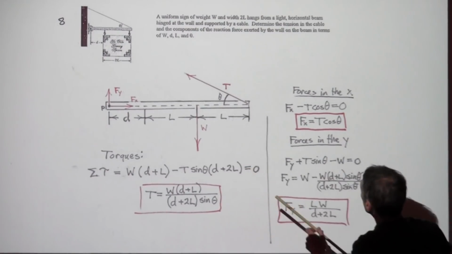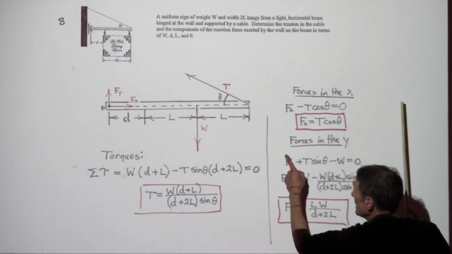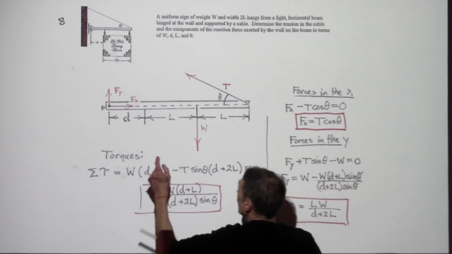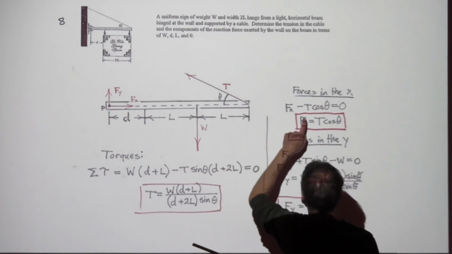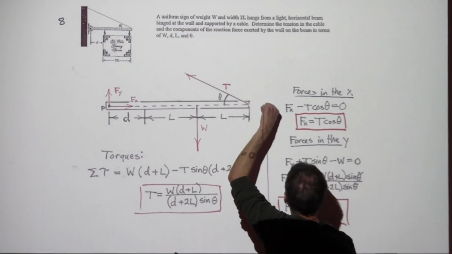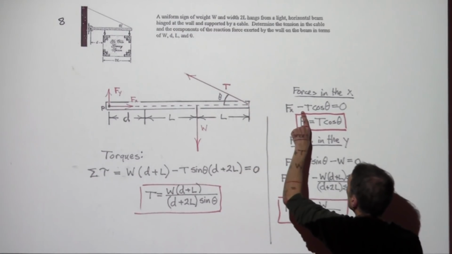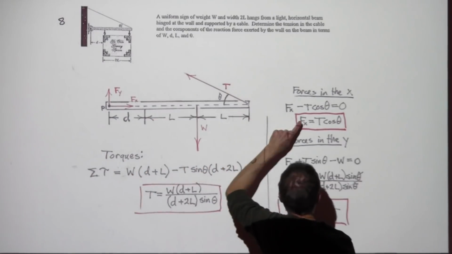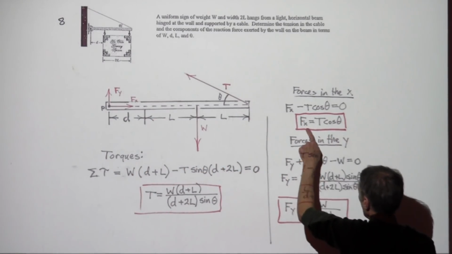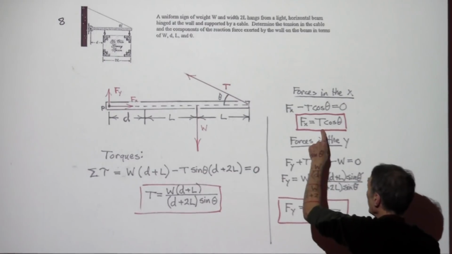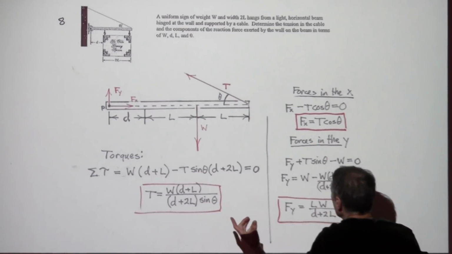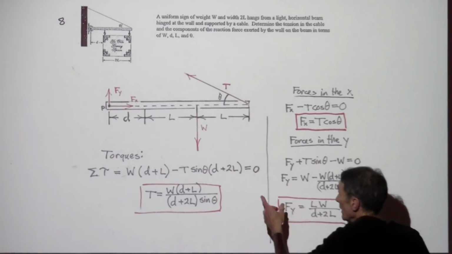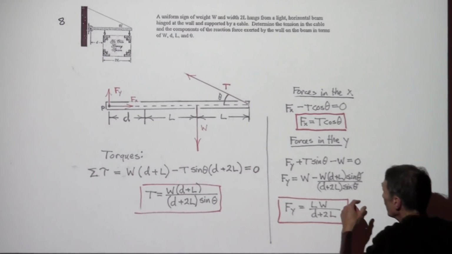Well, let's look at this first. The forces are the easiest to look at. We've got the force in the x, and then the tension has a component in this direction. I'm calling F of x in the positive direction. This is in the negative direction, so the force in x is going to depend on the tension, so I can't really get out what that is yet, even though that's what he's going to be looking for.